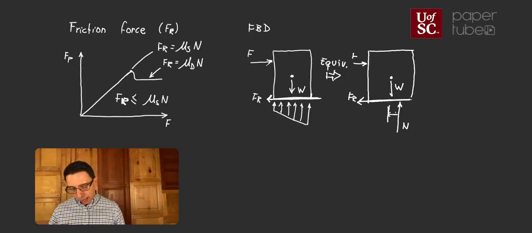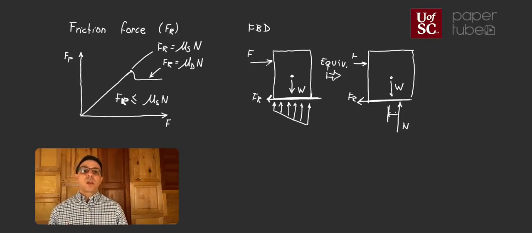Okay, so we're going to have two main assumptions when we try to do these free body diagrams. When we look at a problem, we're going to assume that the box is either sliding or tipping. The shape of that free body diagram, or the places where we put the forces, is going to depend on that assumption.